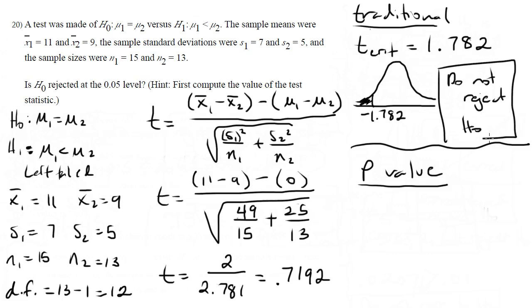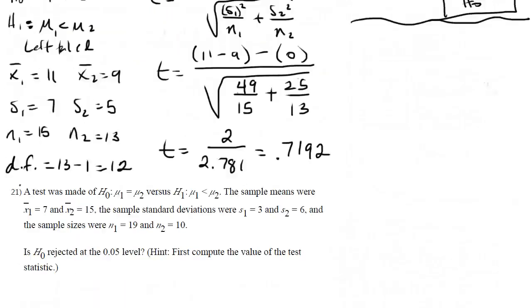That's my conclusion here. Now the p-value. Again, we first have to calculate this t-value. T is 0.7192, and we're talking about the 0.05 level of alpha. Actually, I don't think we show a p-value approach for these t-tests here, so I'm not even going to go there.